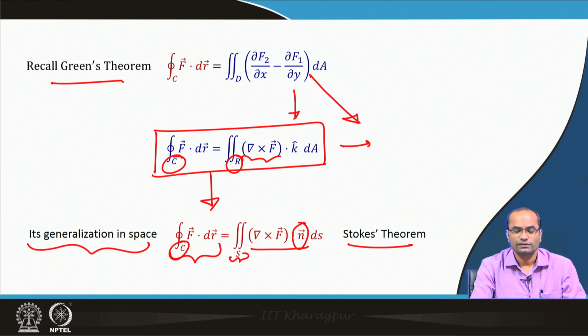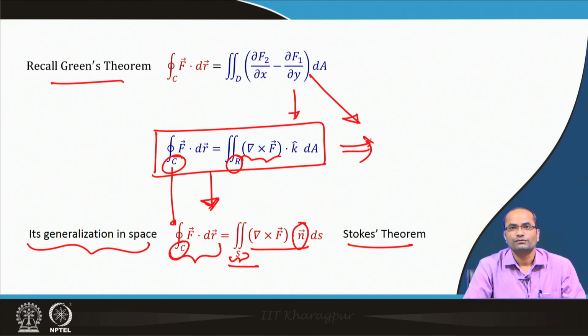The extension will again be to 3 dimensions, but the type would be different, because here the curve was a curve in 3D, and the area in 2D became a surface.